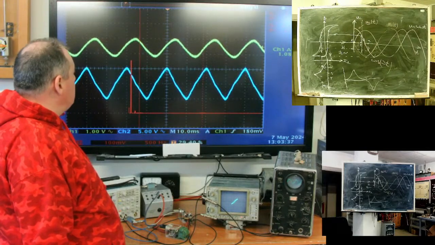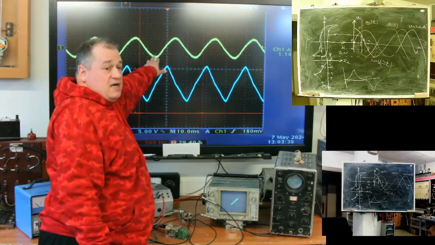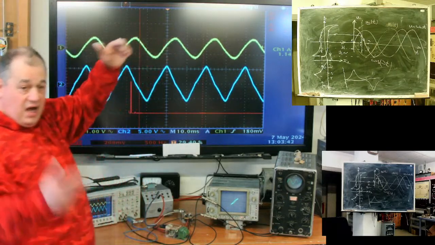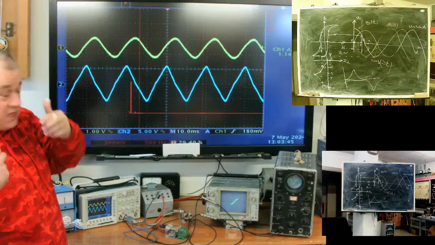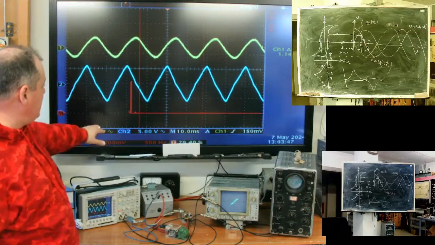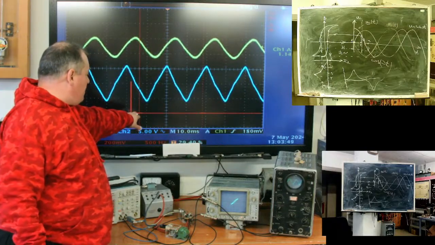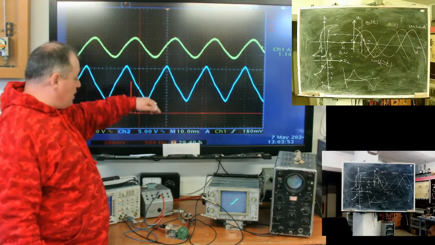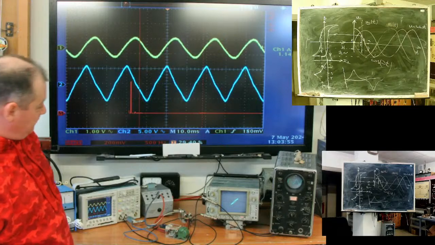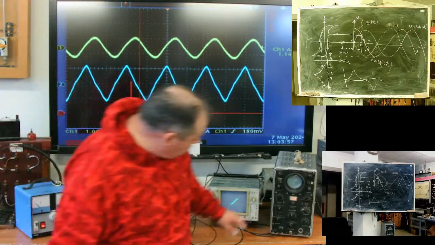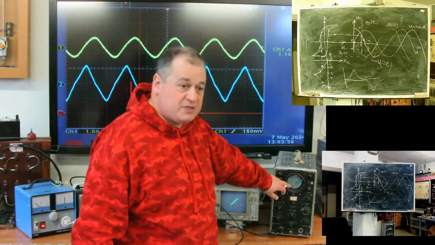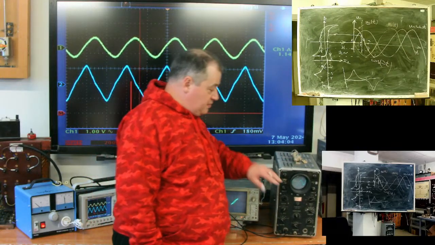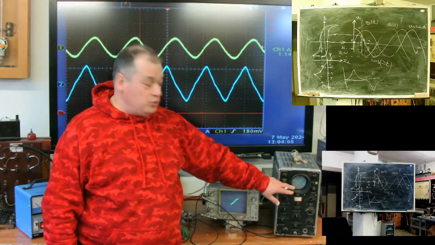Can you see? Now, primary current is harmonic because I cut the 150 component. See how deep I reduced the 150 Hertz component. But what about flux? You see what happens with flux? Can you see? Is it harmonic? No.